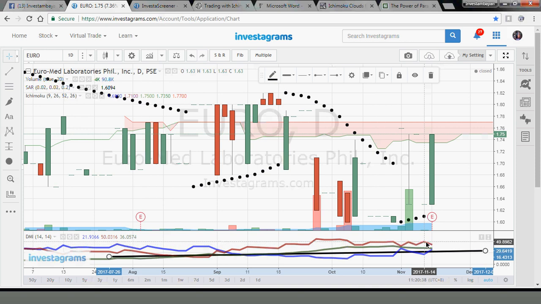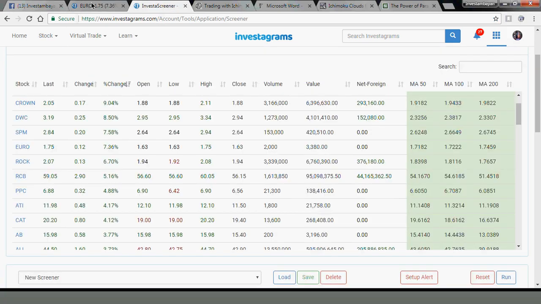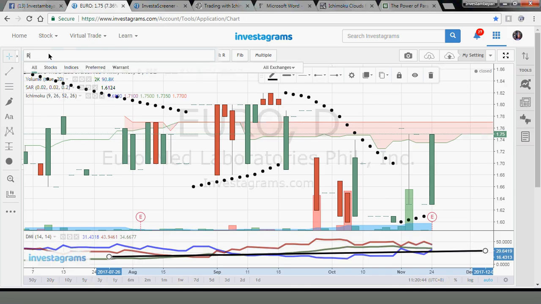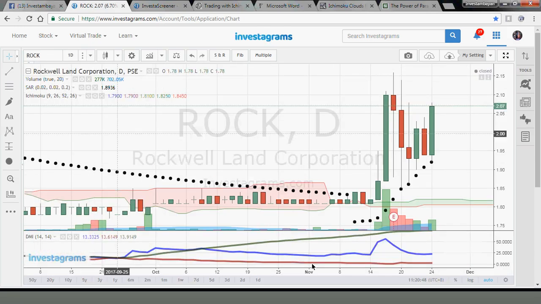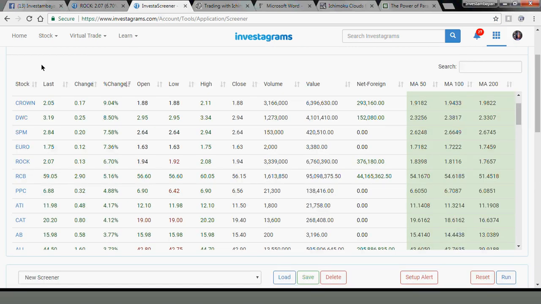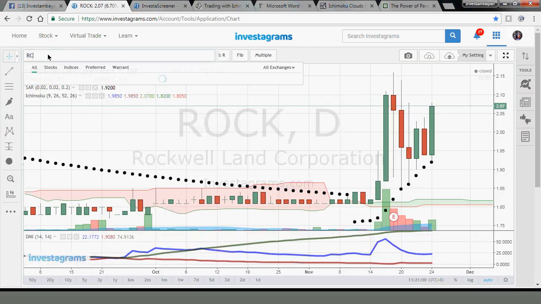Si negative DMI nasa taas. So this is downtrend. Uptrend, si Rockwell, check natin. Masyado na mataas, no? So, avoid that.